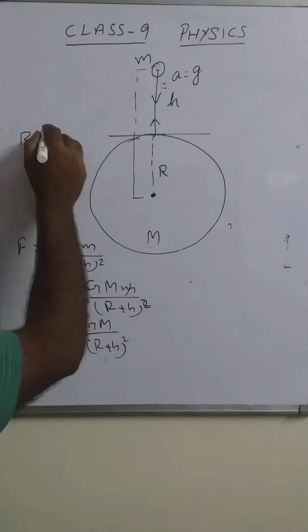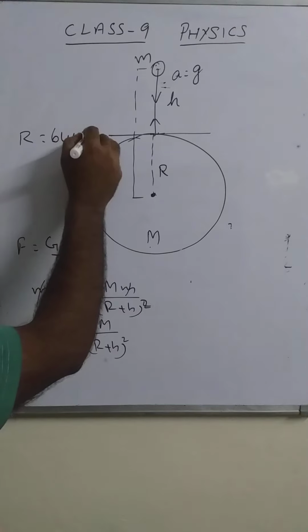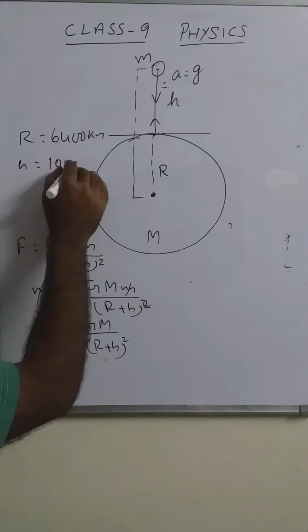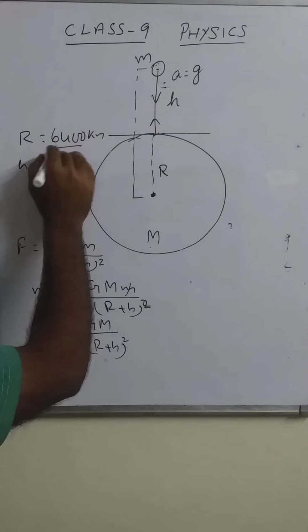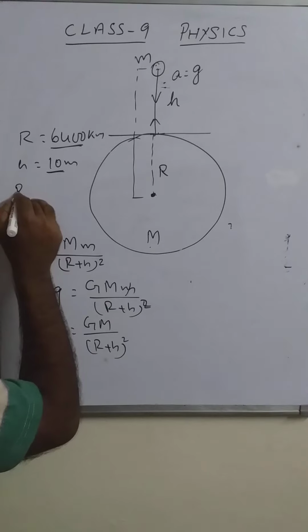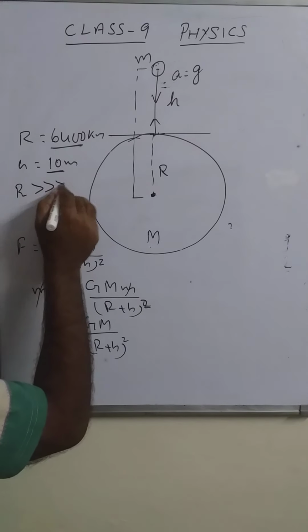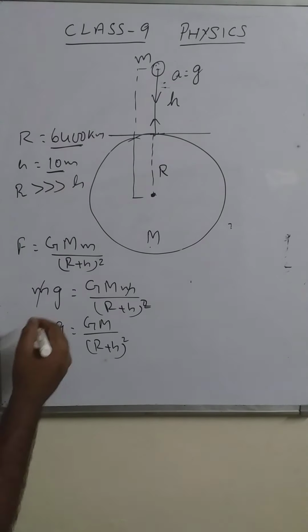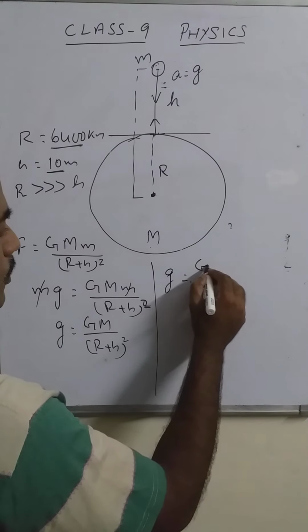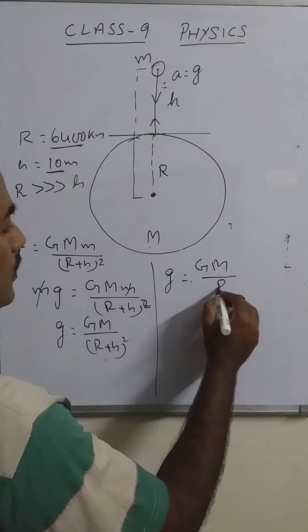Compared to the value of 6400 kilometer, the height of the object, 10 meter or 20 meter, is very small. Once again, r is very much greater than h. In that case, h can be neglected. That is g equal to G M upon r square.